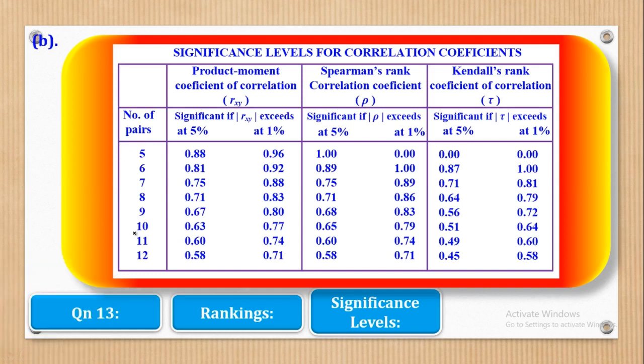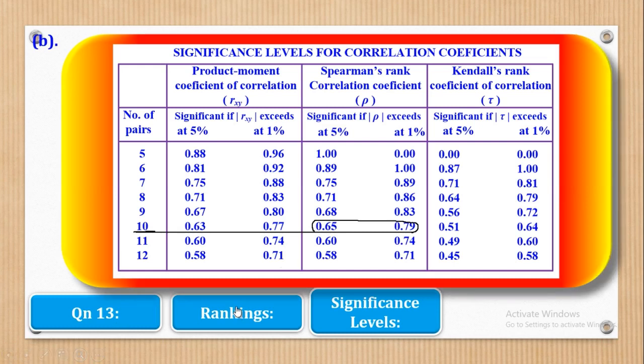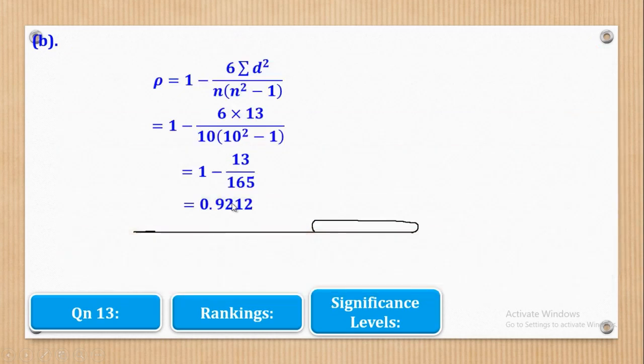So when you know that, you'll come here and say the number of pairs is 10, and we are interested in the Spearman's rank correlation coefficient. So this one ignore, this one ignore, but these ones we need. Now what you are going to do is compare this table value and the calculated value. For example, our value is 0.9212.